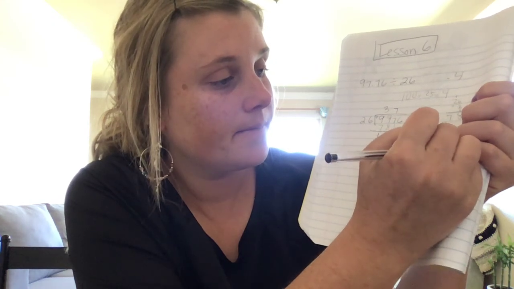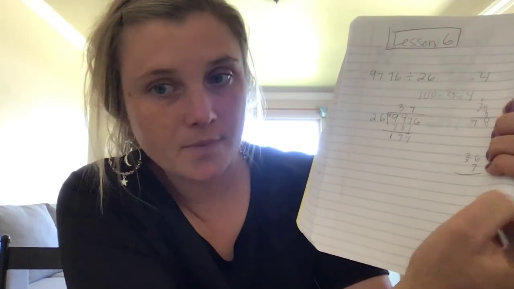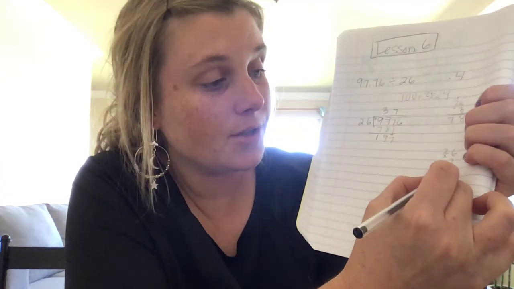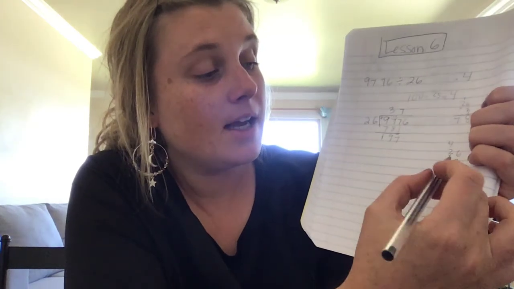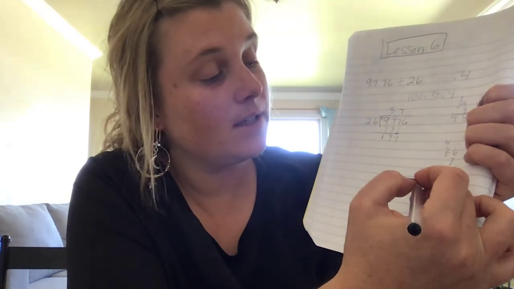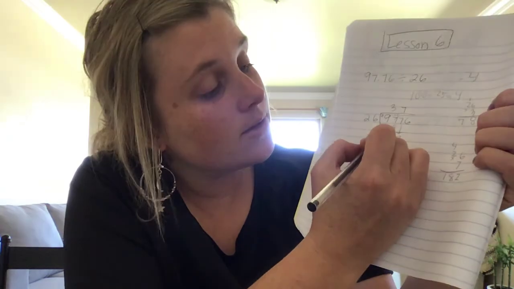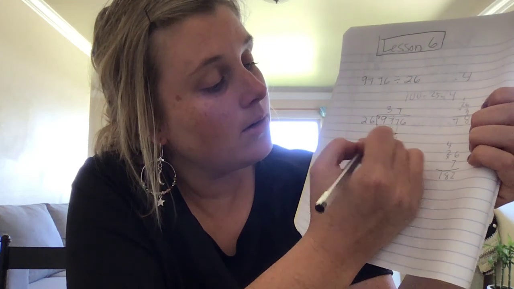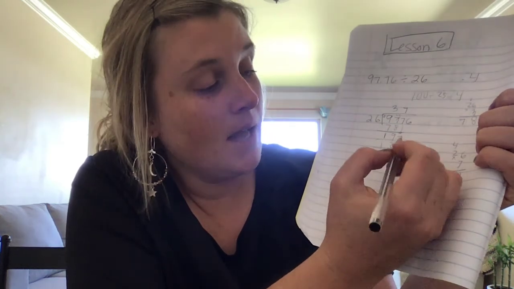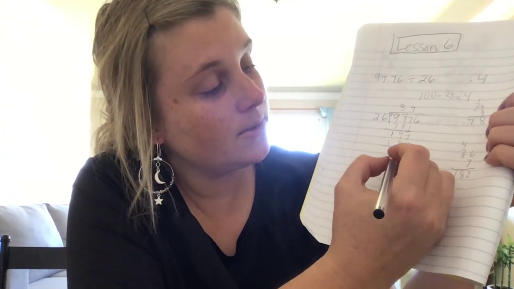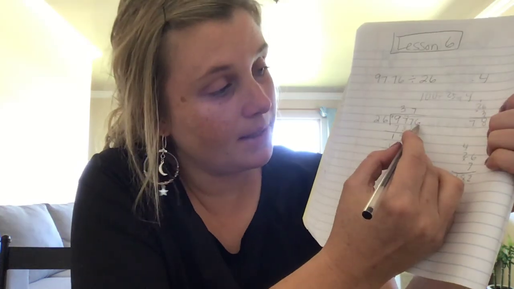Now, 7 times 26. 7 times 6 is 42. Carry the 4. 7 times 2 is 14, 15, 16, 17, 18. 182. So now we subtract. 7 take away 2 is 5. 9 take away 8 is 1, and then that's there. Okay, now we bring the 6 down.